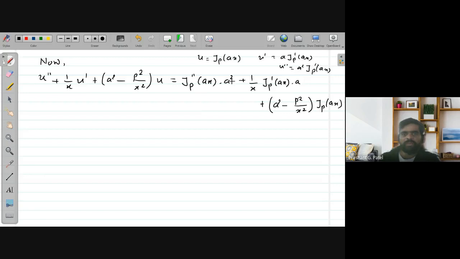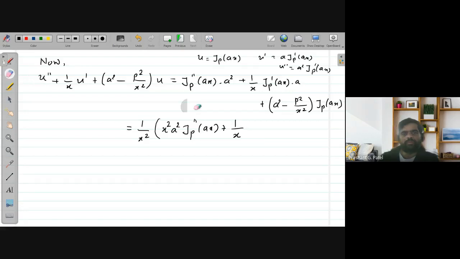So if I multiply and divide by x square here into this term, that is 1 upon x square. If your x is non-zero, then this is x square a square J_p double dash of ax plus 1 by x.